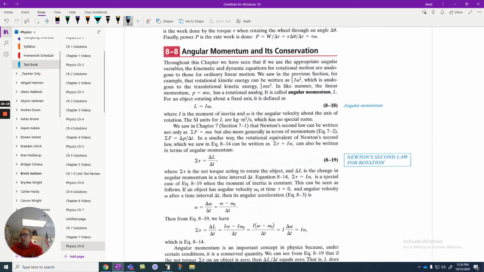So in this section, we're going to talk about angular momentum, and we use the capital letter L for angular momentum. And so where we had straight line momentum, p equals mv, here we have angular momentum, L equals I omega. So that moment of inertia really matters.